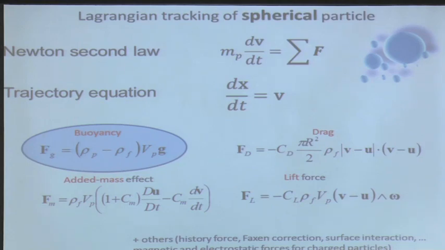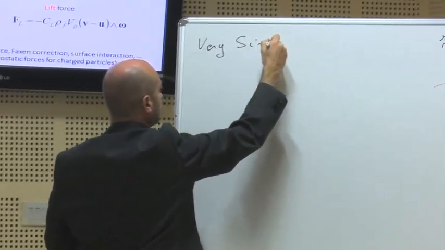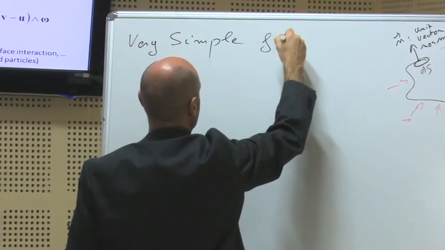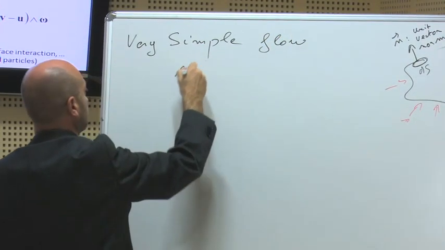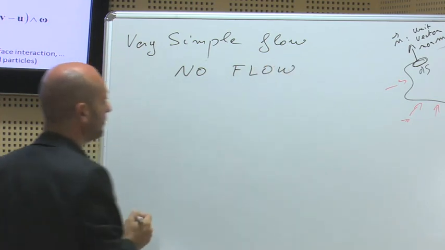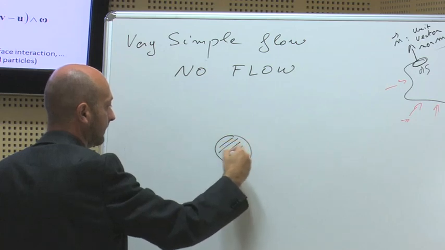So we start with the very simple flow, which is no flow. Okay, so we don't have any flow. And then we have a particle here.